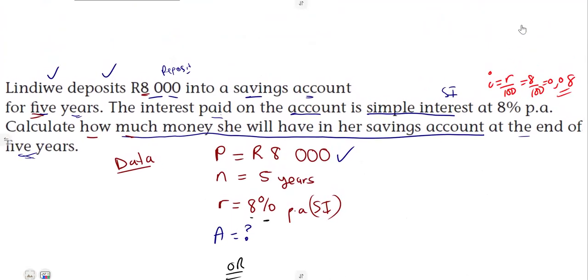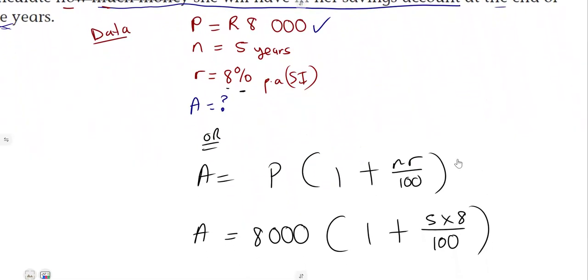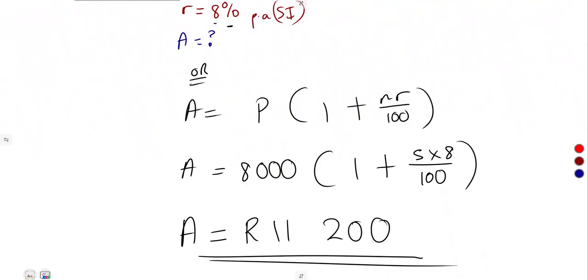This is the most important thing for your exams. You must understand all the concepts, and also here you can use that one: A is equal to P into 1 plus IN. So prove with this one. Remember, I is R over 100, so you must have it as a decimal. You must obtain the same answers there.